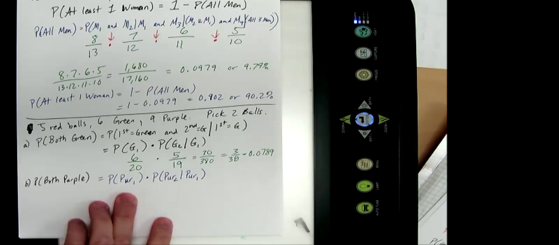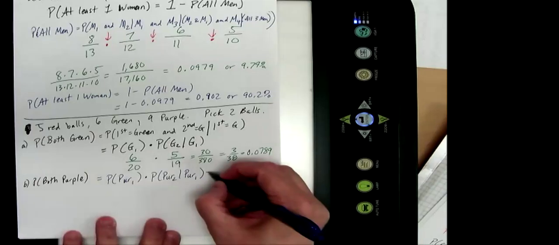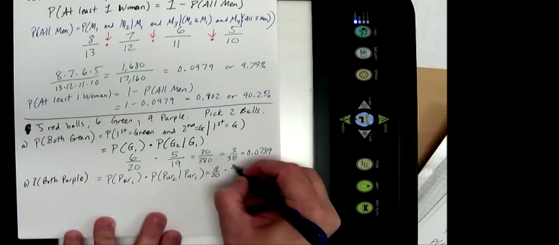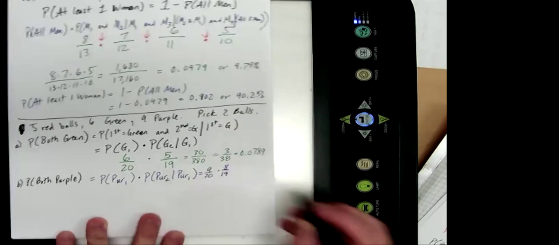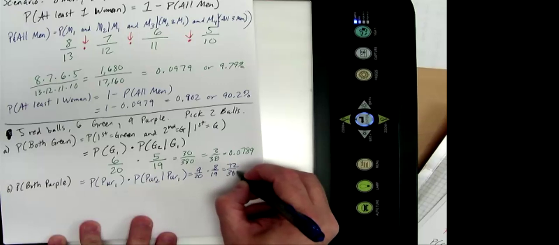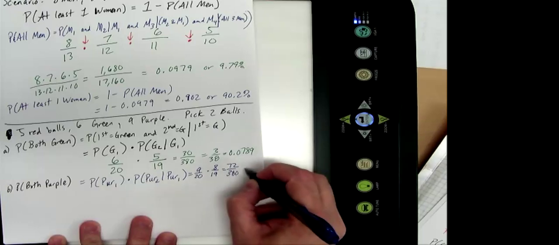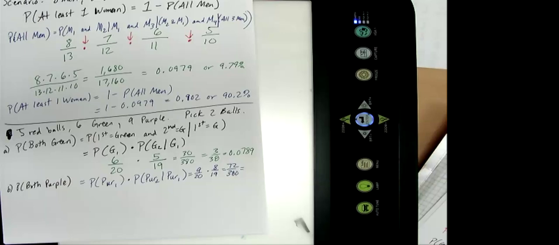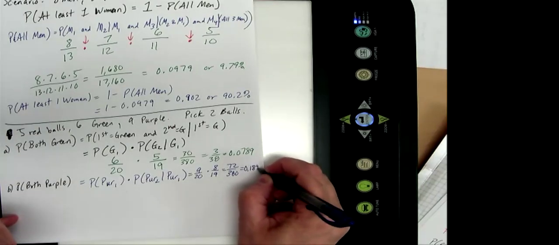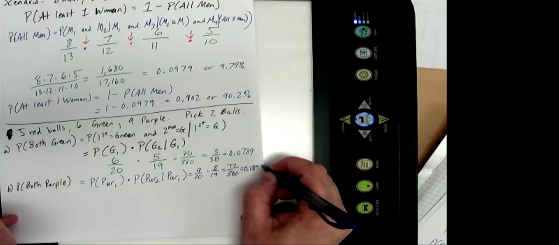There were 9 purples out of 20. And second set, there was 8 out of 19. So 72 out of 380. And I don't know what that reads to. .189. I was rounding, that would be to a 5.